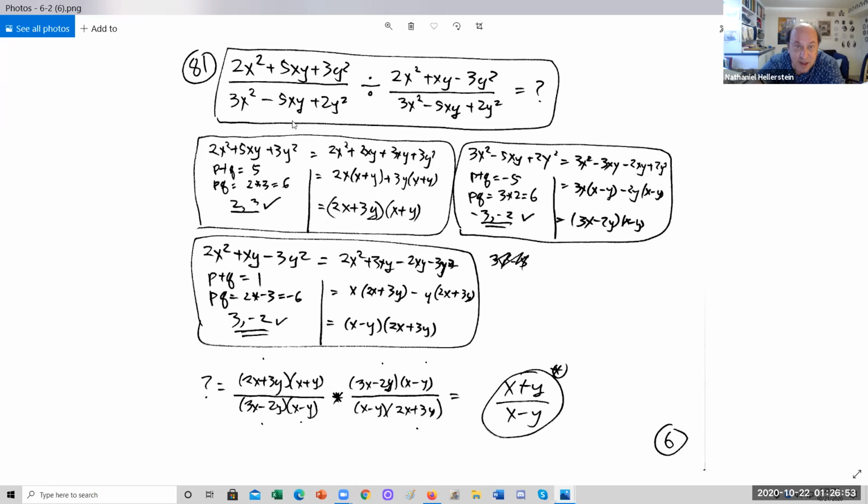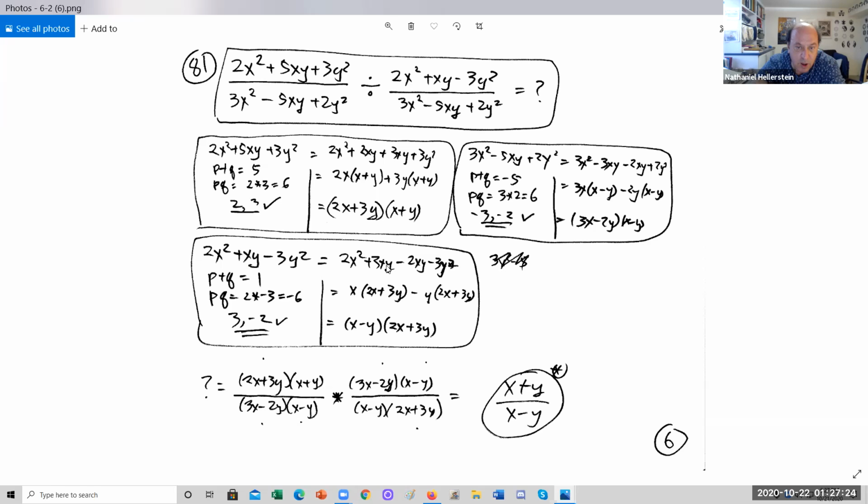Well, wait a minute. What do you know? It's these two, this and this, which are the same. This winds up in the numerator and the same in the denominator, so it entirely cancels. Now we're left with 2x squared plus xy minus 3y squared, which will wind up in the denominator. P and q must add to the coefficient of 1. P times q is 2 times -3, which is -6. 3 and -2 do the job.